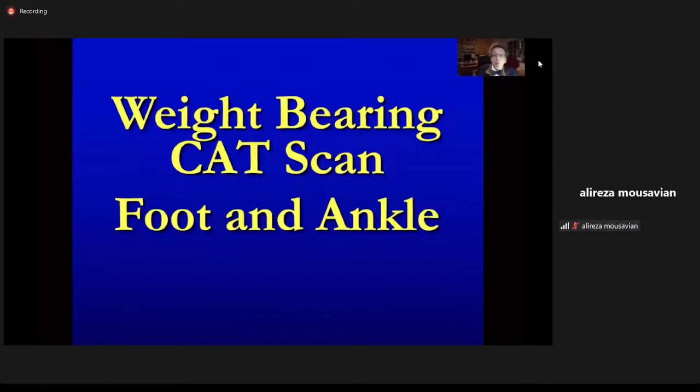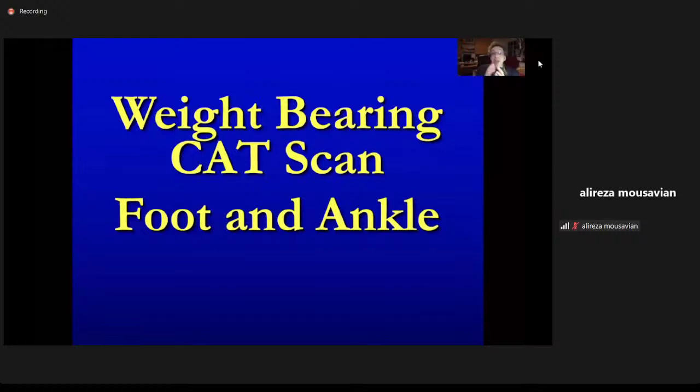Now, another way to look for injury is a weight-bearing CAT scan. Now, unlike the MRI, the weight-bearing CAT scan gives us some information as to the functionality of the syndesmosis. So if we have damage to the ligaments on MRI, we don't really know, does that mean that it's intact or not intact from a functional point of view?